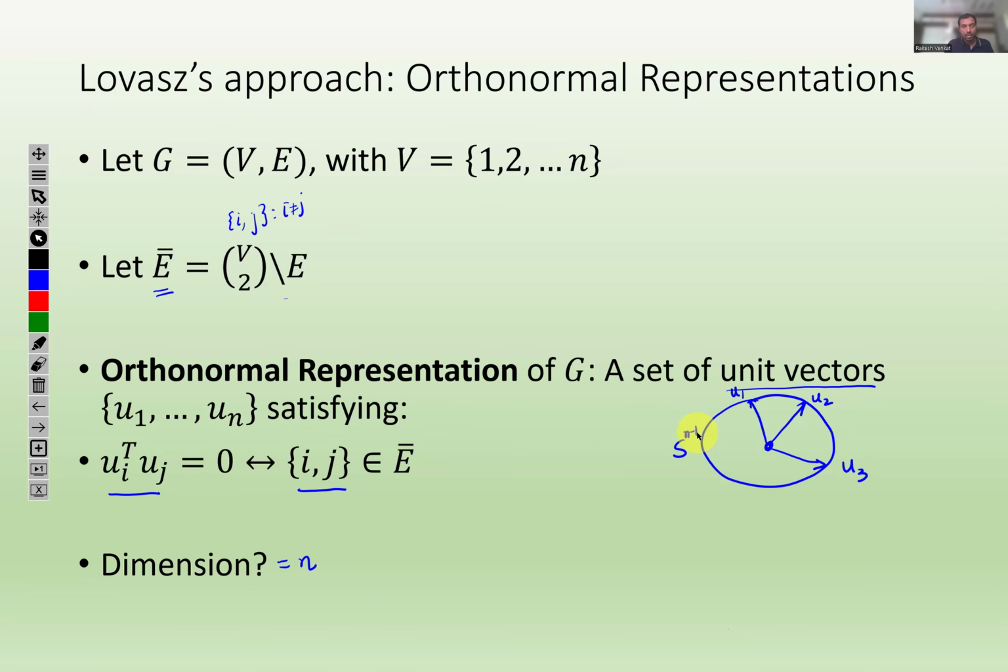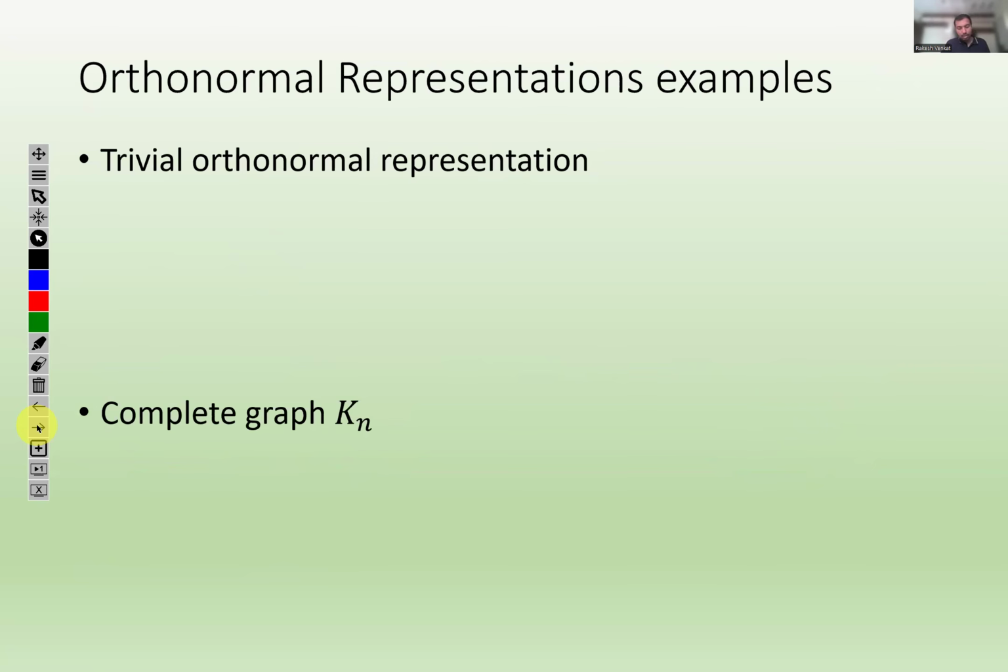Let's go over a few examples to make this concrete. First I claim that any graph you give me has a trivial orthonormal representation in Rn. Recall that the condition is you need to assign a vector for every vertex such that ui transpose uj is equal to 0 if and only if ij is in E bar.